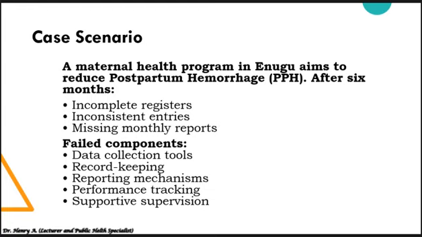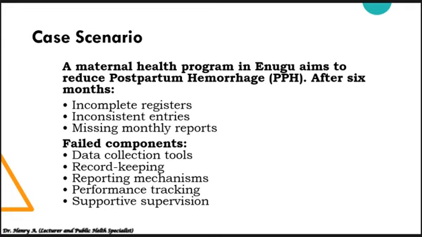You now have incomplete registers, inconsistent entries, missing monthly reports. After 6 months, this is what we have observed. Yet when they started, the intention was that this health program in Enugu wants to reduce postpartum hemorrhage. And after 6 months, we saw that their registers were not complete. They had inconsistent entries, and they missed many monthly reports.